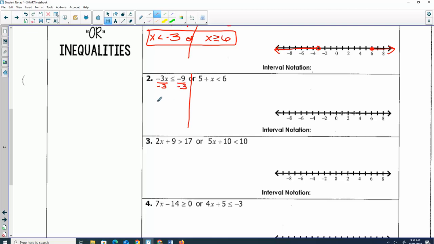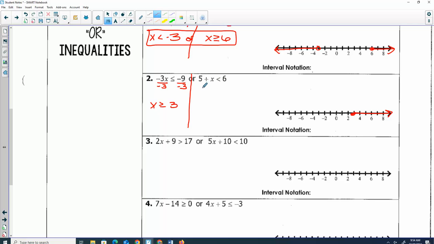Changes our inequality. That will flip. So -9 divided by -3 is +3. X is greater than or equal to +3. So greater than is going to go to the right. Equal to means we have a closed circle. So we have a closed circle at 3 going to the right.